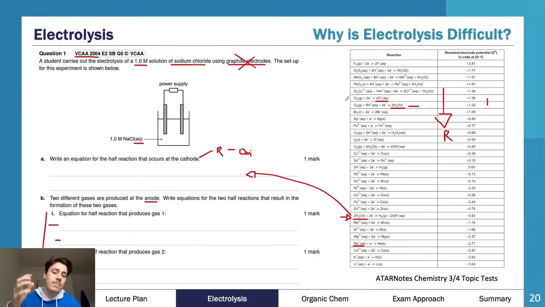But also, there are going to be times where you're going to get some of this being produced because there's actually no water in contact. As you use up some of the water, there might be some points in time where you only have Cl- in contact with your anode. And therefore, you're going to get a little bit of Cl2. It's not a perfect world. You're not just going to get 100% O2. You're going to get a little bit of Cl2. Not a lot, but a little bit.